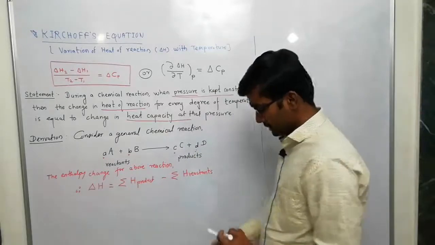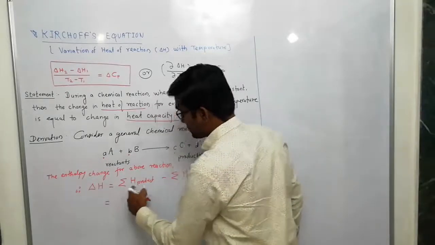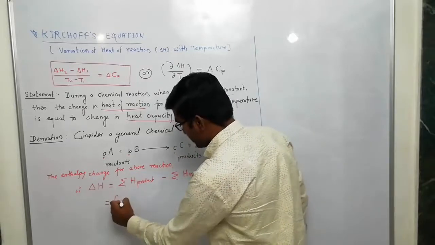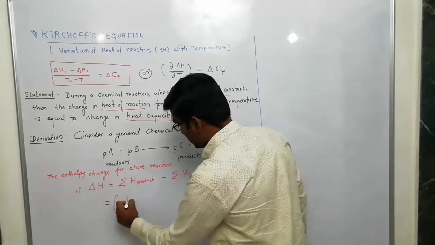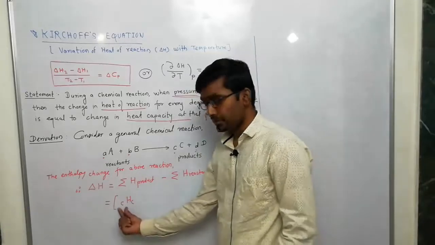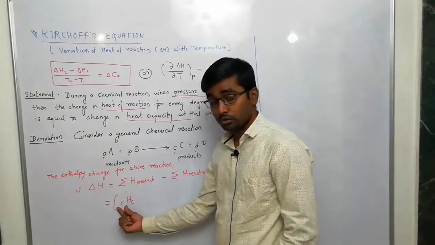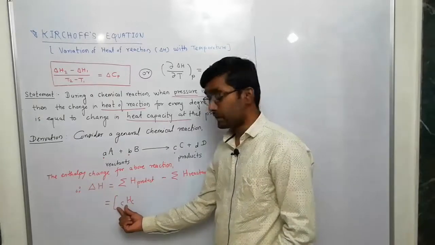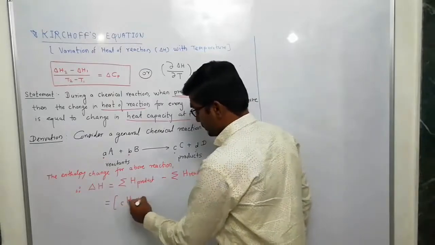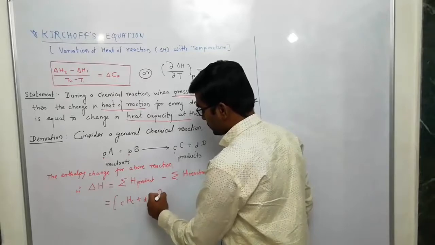Now let us put in the values. The summation of H of products, in square brackets, is small c times HC, the enthalpy of product C. These are the reaction coefficients: if there is one molecule I can write 1, for 2 molecules 2, for 100 molecules 100. Plus small d times HD.